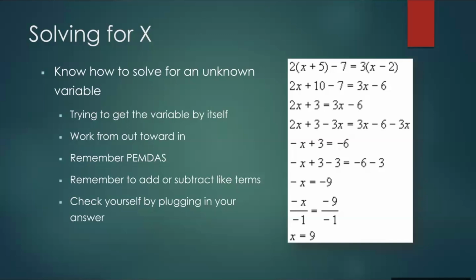On the fourth line is us combining our like terms that include variables. What we did in this case is subtract 3x from both the left and the right sides. So when we subtract 3x on the right, that gives us 3x minus 6 minus 3x.